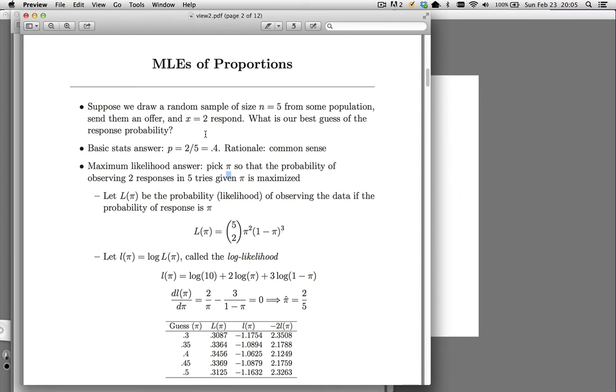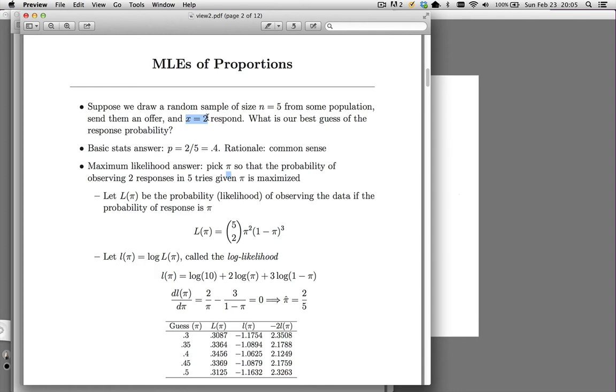All right, let's start with a real simple problem. So let's say I have a random sample of size 5 from some population, and I send this random sample some offer and wait for people to respond, and lo and behold, 2 out of the 5 respond.